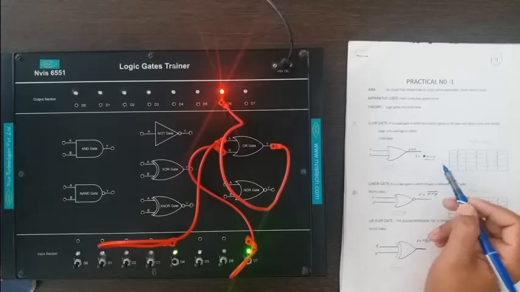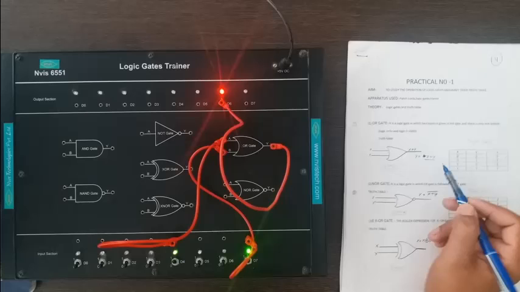When either of the inputs is different, or one, you can see your output should be high or 1. When both inputs are low, 0 and 0, your output is low or 0.